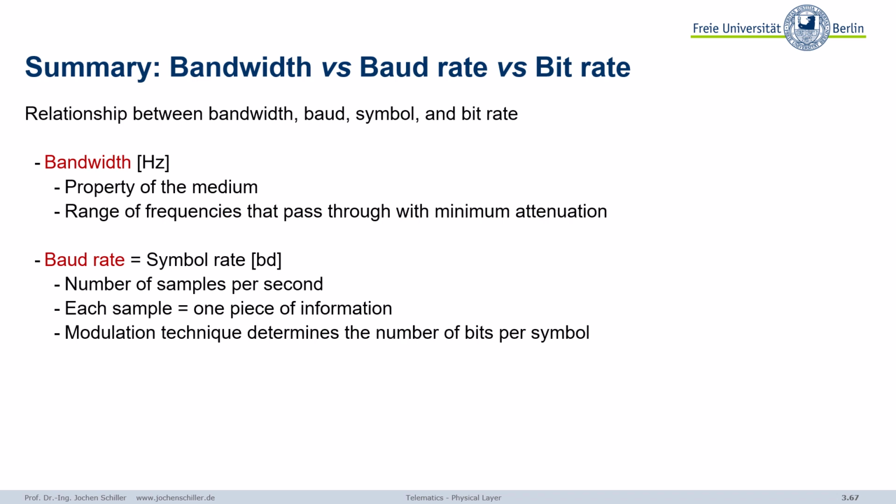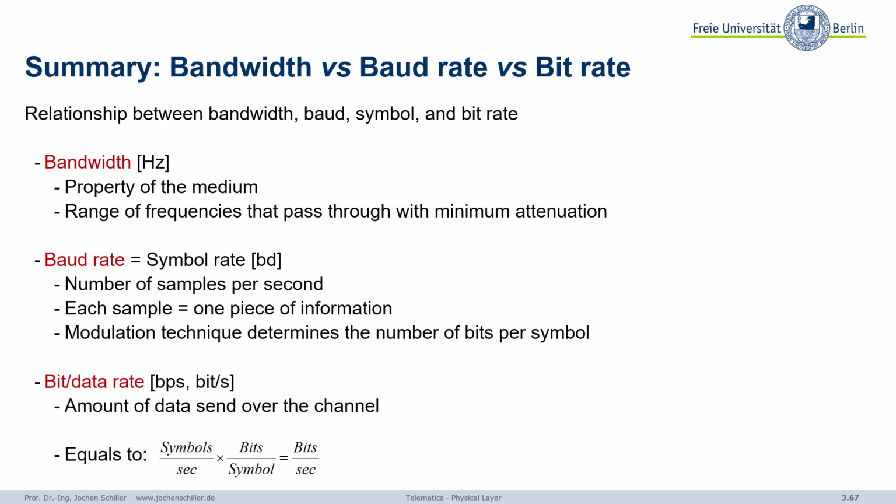And depending on how we modulate, and we'll see some more examples, we can determine how many bits we transmit per symbol. We saw very simple ways of coding, return to 0, for example. We need 2 symbols per bit. We saw non-return to 0, 1 symbol per bit. We saw multi-level signals, several bits per symbol.